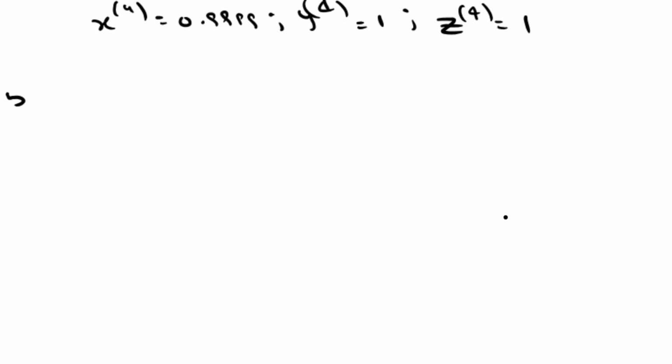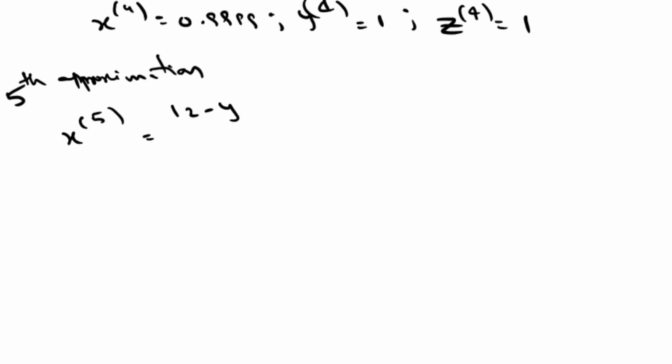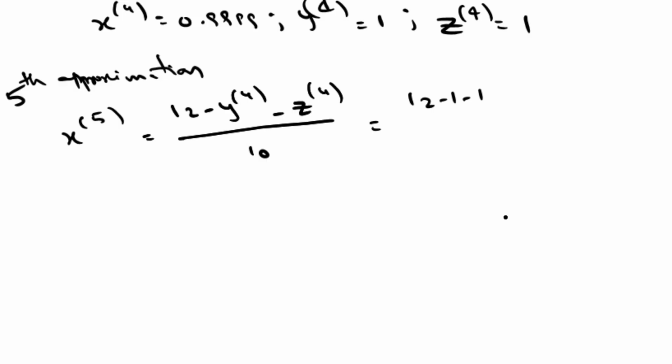Fifth approximation. X of the fifth approximation is equal to 12 minus y of the fourth approximation minus z of the fourth approximation, by 10, equals 12 minus 1 minus 1, by 10, equals 1.